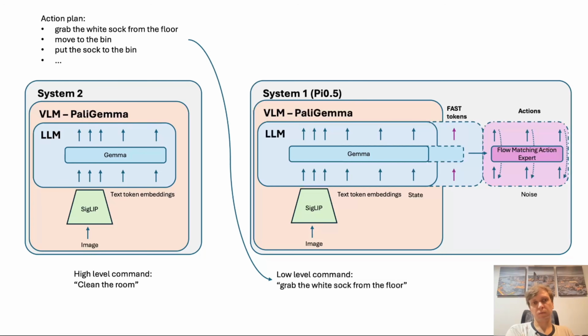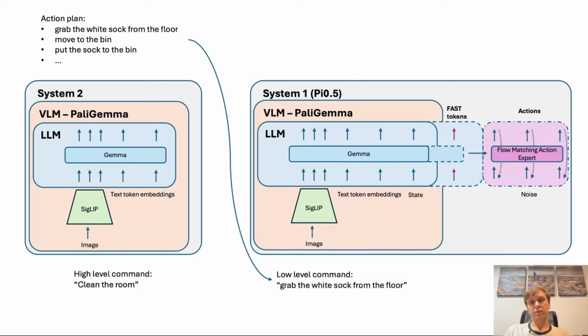And every step of this plan can be sent to the actual VLA, which is again just the same VLM model plus the action expert. This subtask is used as an input, and then it works exactly as it works when it's separated from System 2. So this is the whole idea.